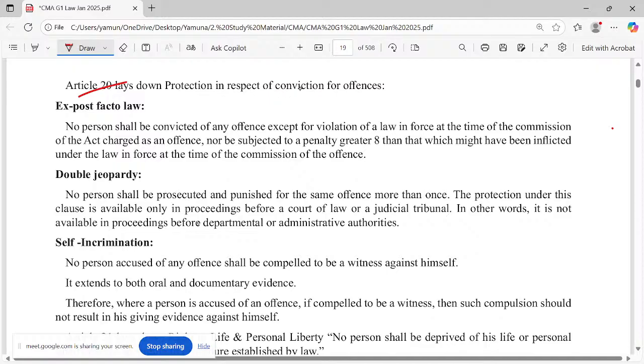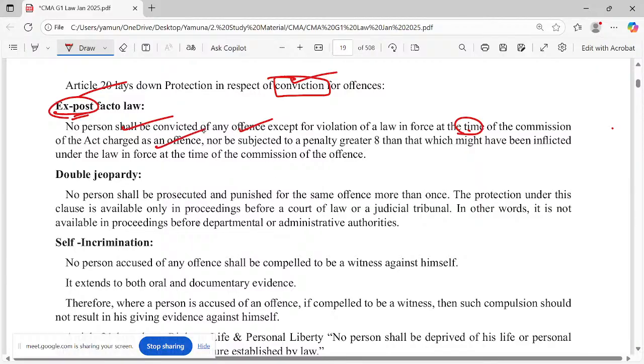Article 20 lays down protection in respect of conviction for offenses. தப்பு பண்ணிட்டீங்க, ஓகே, பனிஷ்மெண்ட் இருக்கு, ஓகே, பட் அந்த பனிஷ்மெண்ட் எப்படி எக்ஸிக்யூட் பண்ணலாம்? Ex post facto law. Ex post na after. If you are convicted of any offense, probably after the law is in force, how far are you liable to be penalized? நீங்க ஒரு தப்பு பண்ணும்போது அது தப்பு இல்ல, அதுக்கு பிறகு லா வருது. தப்பு பண்ணும்போது அந்த லா இல்ல, so it's not violated, then how can you be charged with an offense?